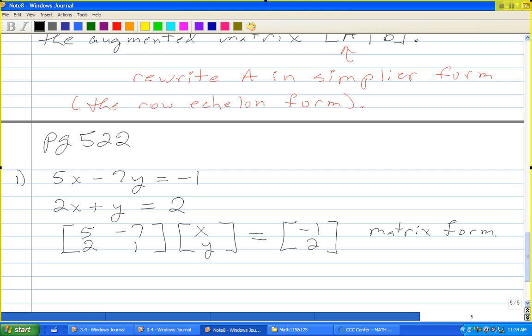Okay. So again, this was my coefficient matrix. This was my variable matrix. And this was my non-homogeneous matrix.